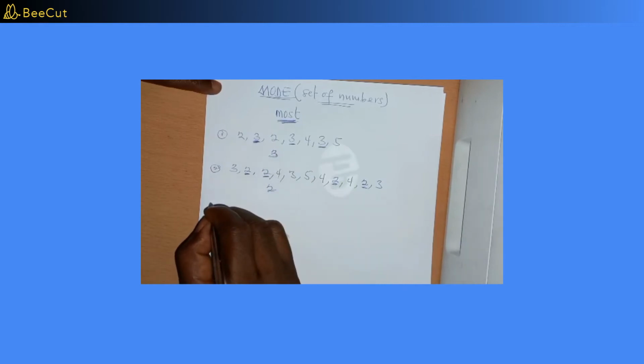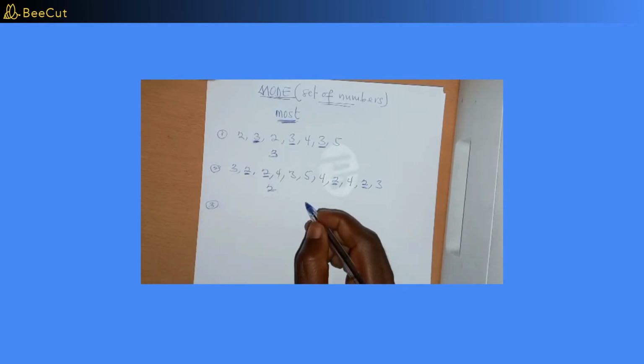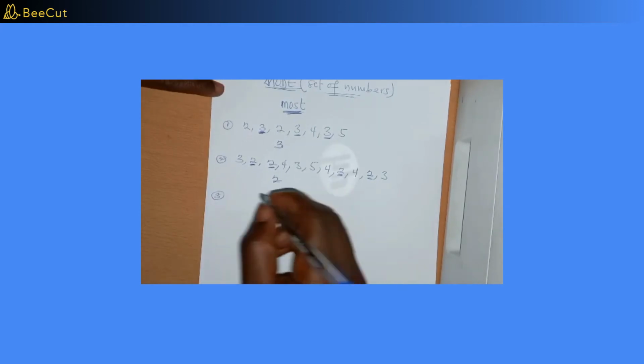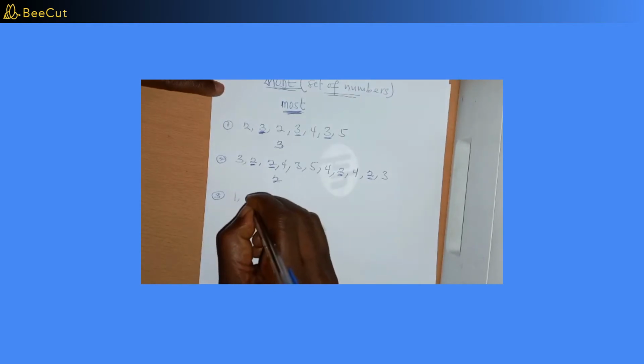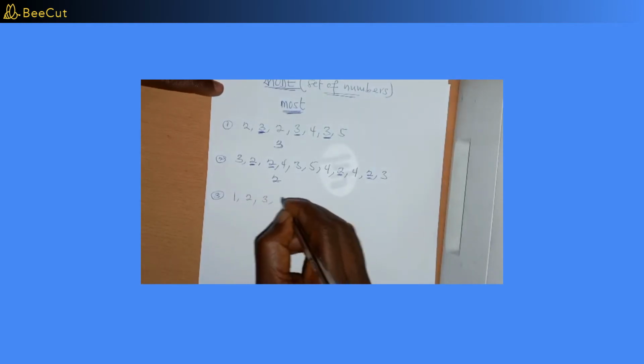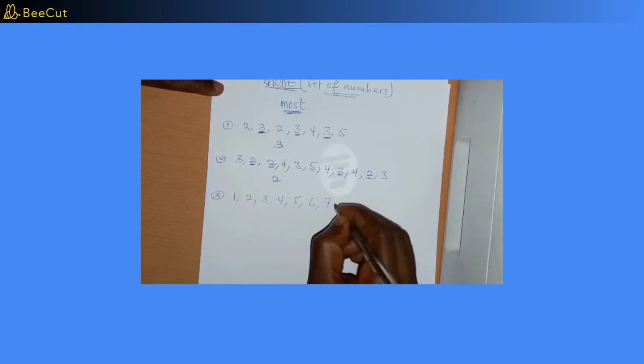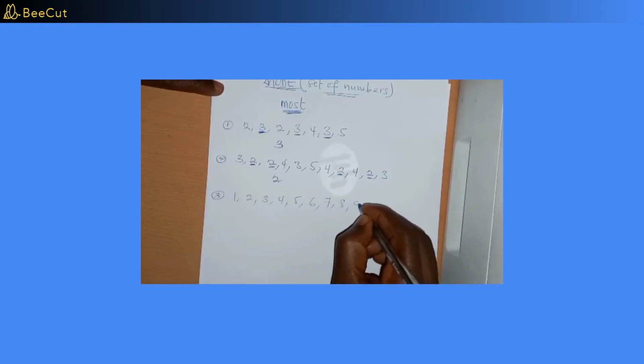Now, if a particular set doesn't have a most occurring number, then we can say that for that set the mode doesn't exist. So we can have a set like 1, 2, 3, 4, 5, 6, 7, 8, 9.